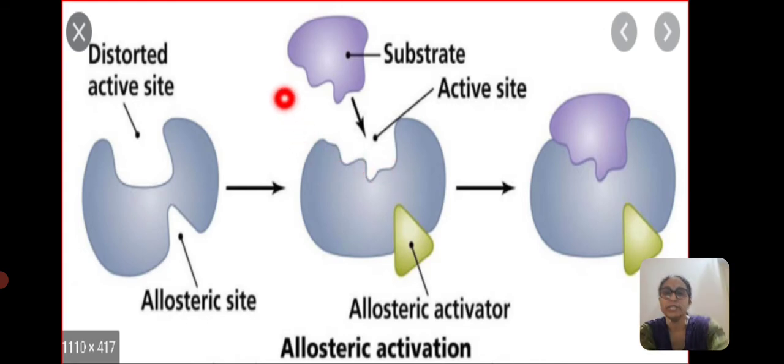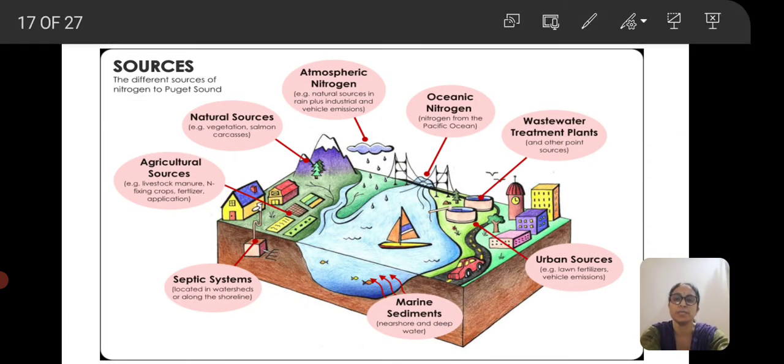That is L-threonine once again binds to the threonine dehydratase, and once again the sequential reaction continues till the formation of isoleucine. Like that the feedback inhibition or allosteric regulation takes place.